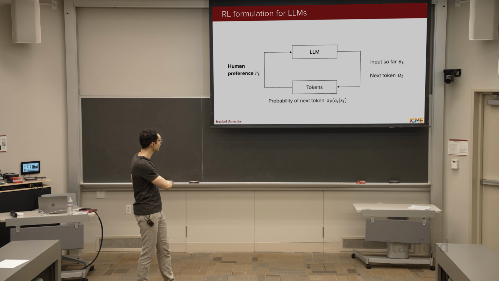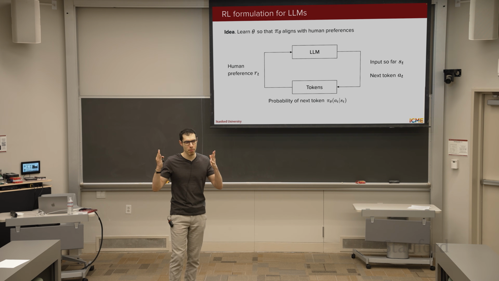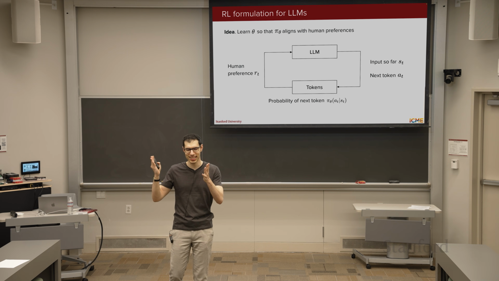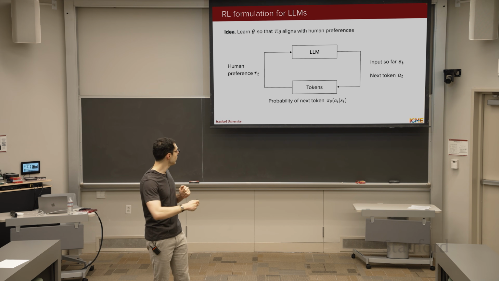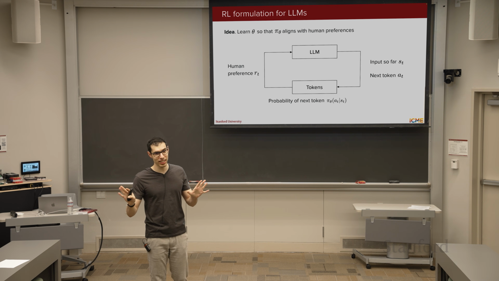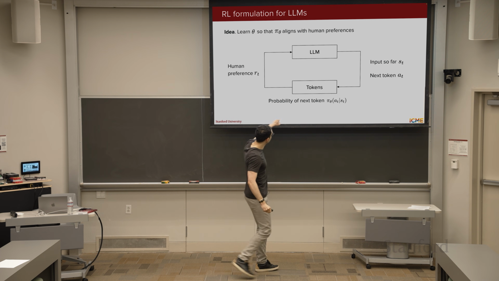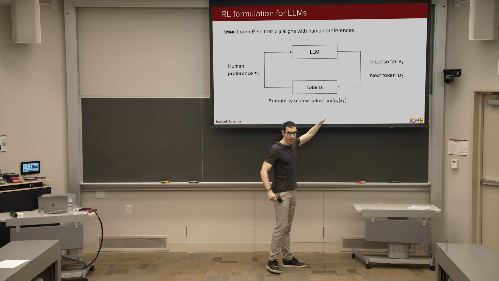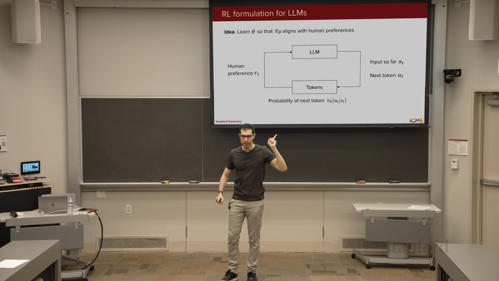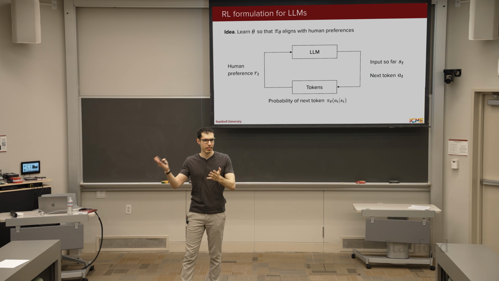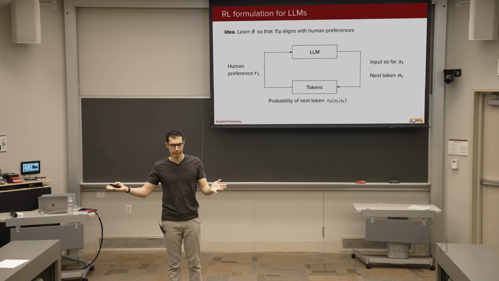OK, perfect. So now that we know a little bit what a mental model could be for LLM-based RL, I just want to highlight once more that what we're trying to achieve is learn how to align this policy with rewards.